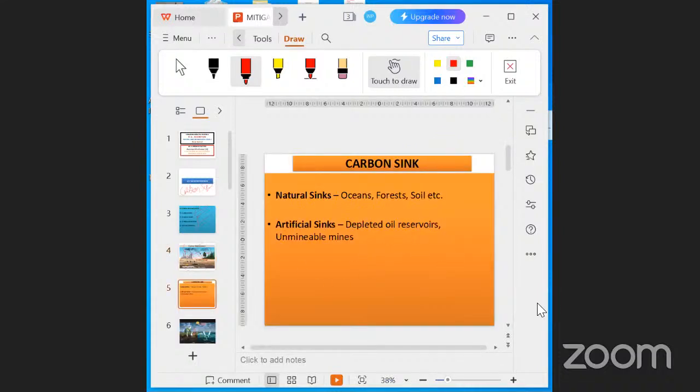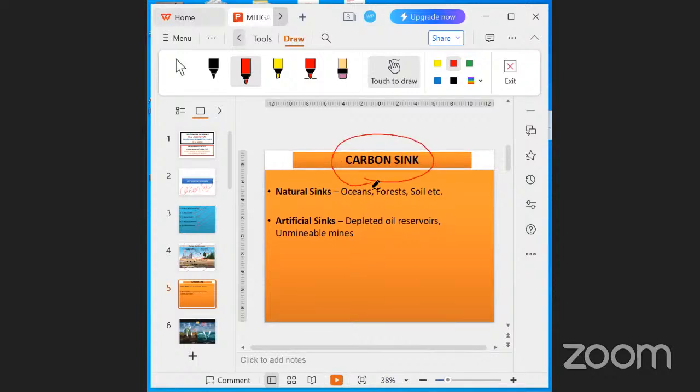Carbon sequestration describes long-term storage of carbon dioxide and also other forms of carbon, right? It may be carried out by pumping carbon into carbon sinks, okay? Carbon sinks, an area that absorbs carbon, right?